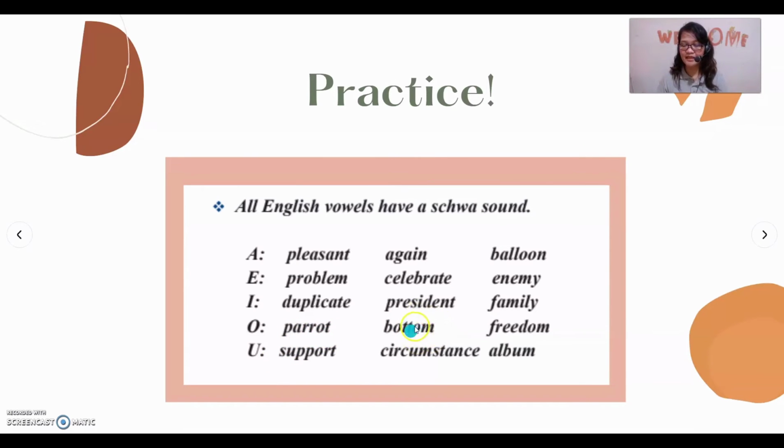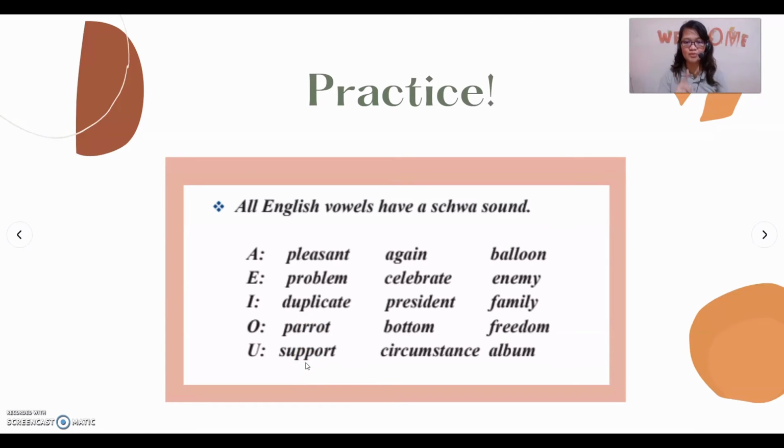Bottom. This is the stress and this is the unstressed. Next is freedom. Freedom. The second one is the unstressed syllable. Next is support.